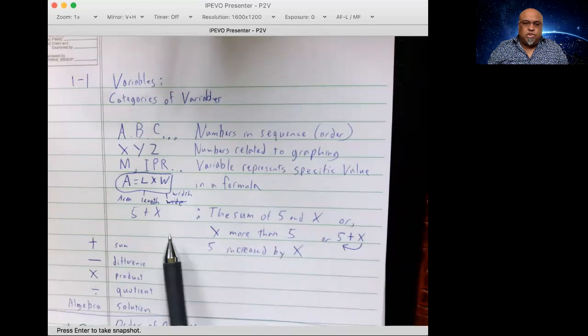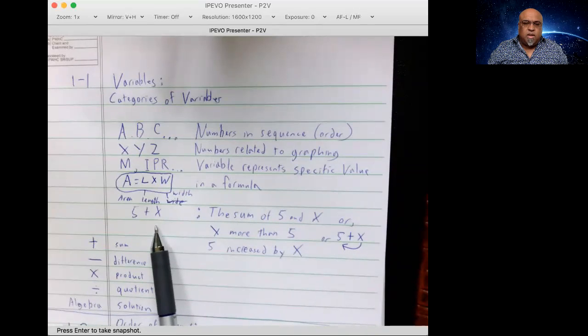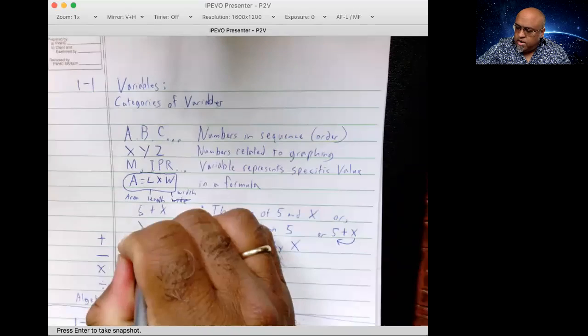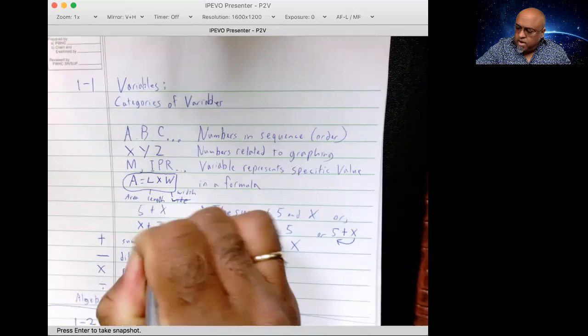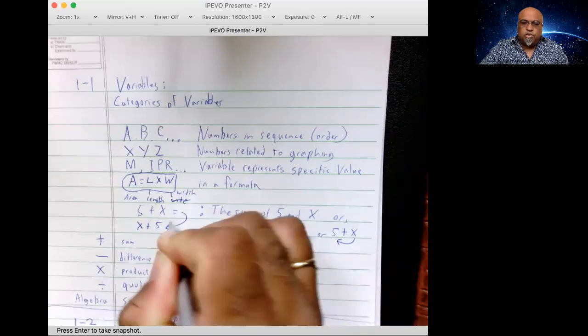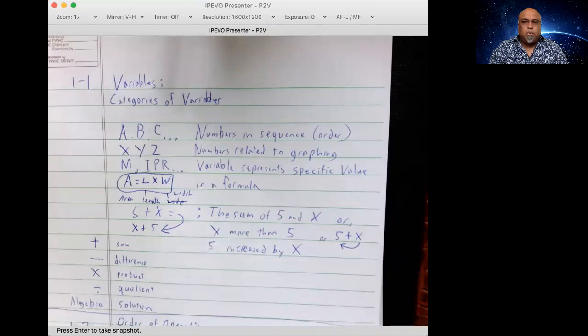With addition, it's not so much of a problem, because if I say 5 plus x, or if I say x plus 5, these two expressions are equal to each other. But with subtraction, that's not always true.